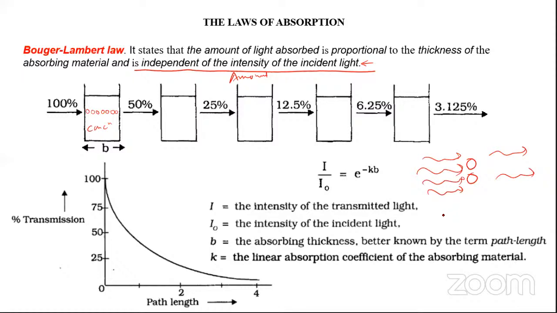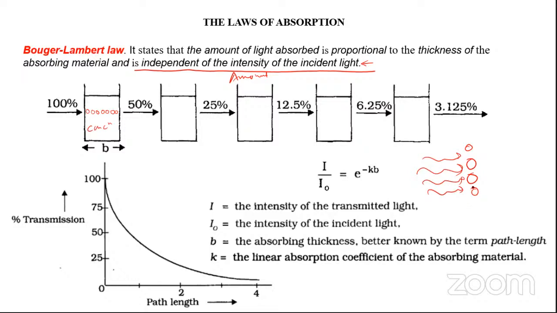Now if I increase the number of radiations from 4 to 6, like we previously discussed, if I increase the number of molecules in the path, the number of events will increase, correct? So now if there are 4 molecules in the path, consider all 4 radiations get absorbed, and nothing will pass down.